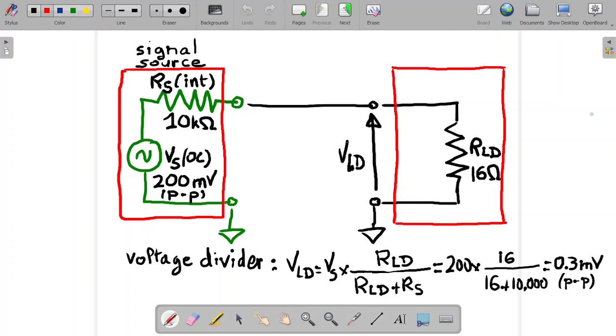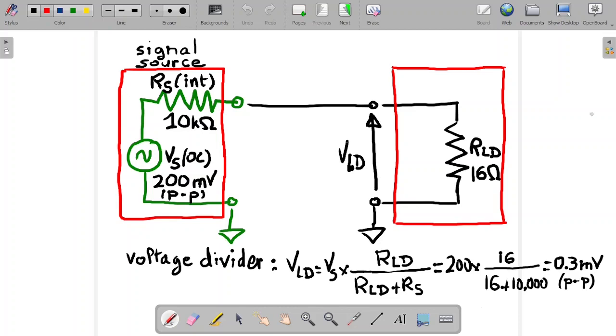And today we're going to try to explain why it is useful to use the common collector amplifier even though it has no voltage gain.